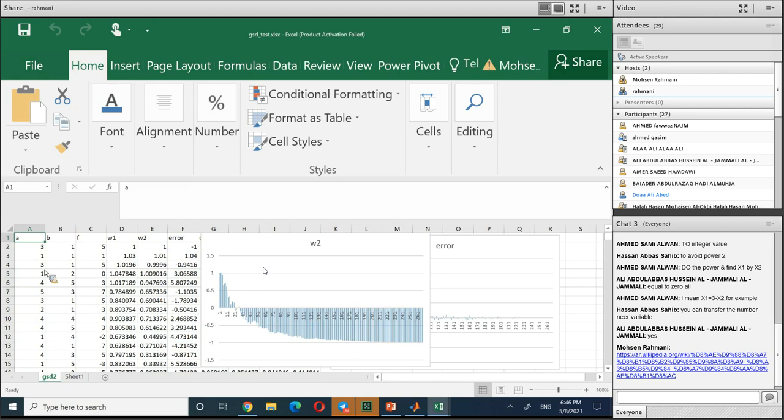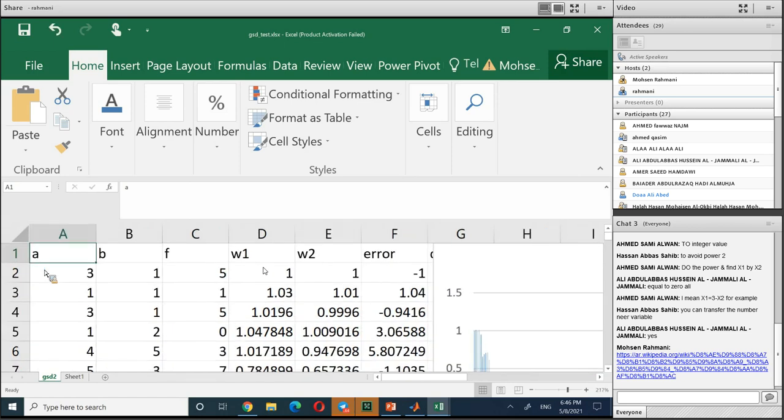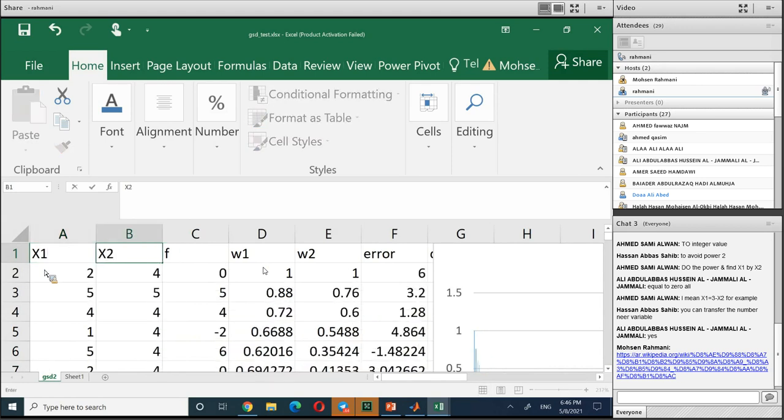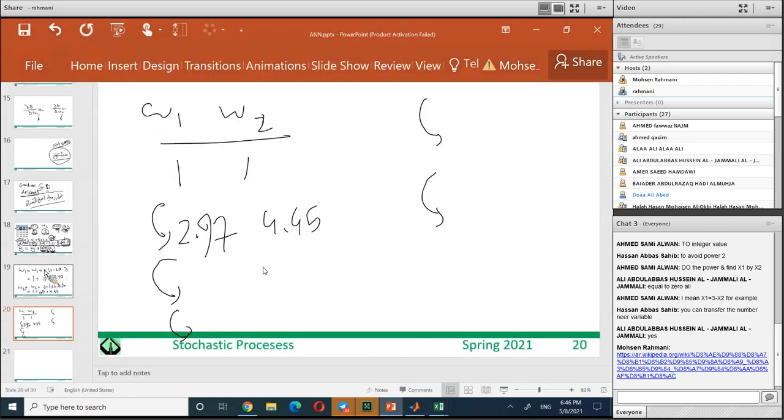Have a look here. Here, this is x1, x2 and f.